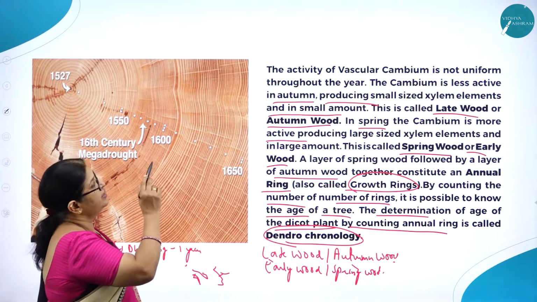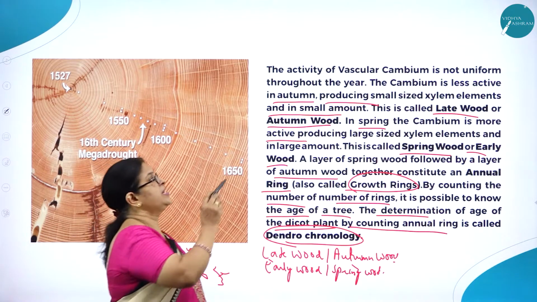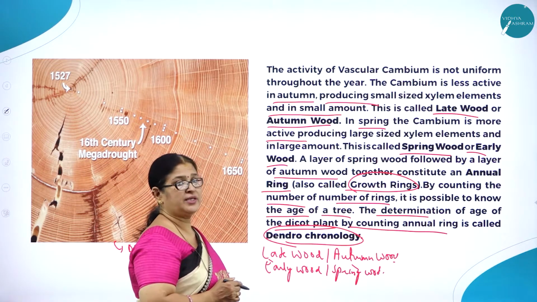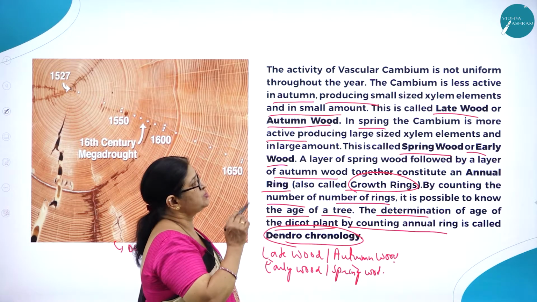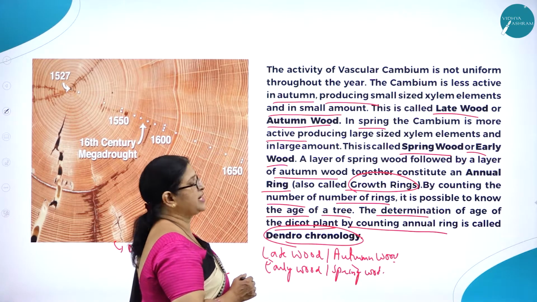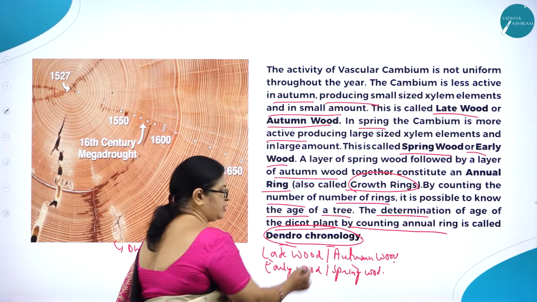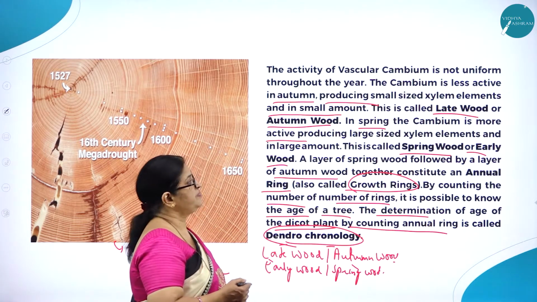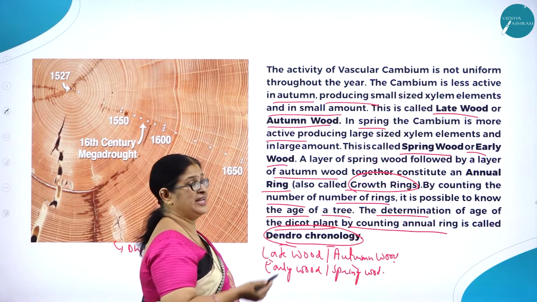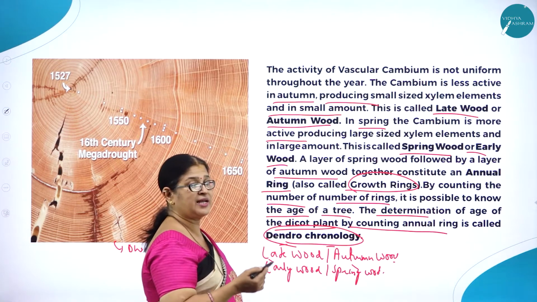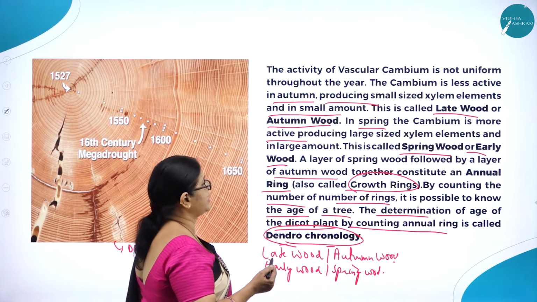So I repeat, the activity of vascular cambium is not uniform throughout the year. As we know, in autumn small size xylem elements are produced, and also in small amount, where we use the word late wood or autumn wood. And in spring, the cambium is more active, producing large size xylem elements and in large amount.